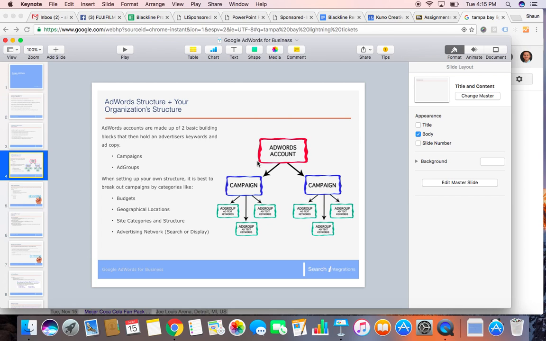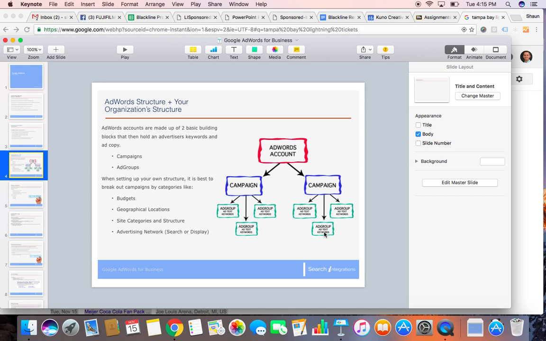For instance, if this was Nike's AdWords account, we may have a campaign centered around running shoes and another campaign centered around golf equipment. Within the golf equipment campaign, we'd have groups of keywords that are tight around putters, drivers, and golf balls.